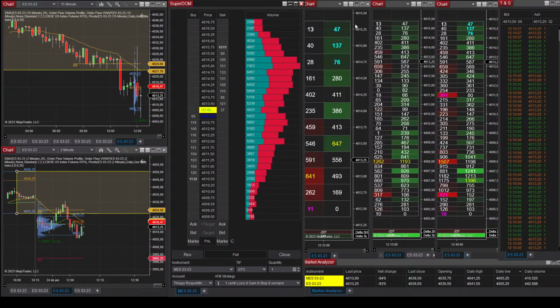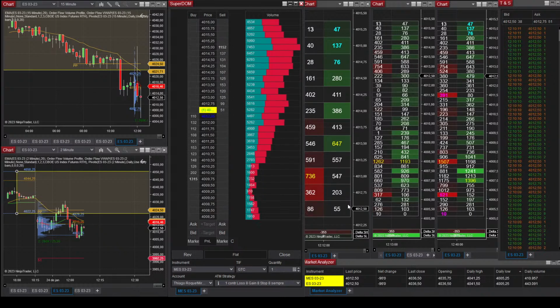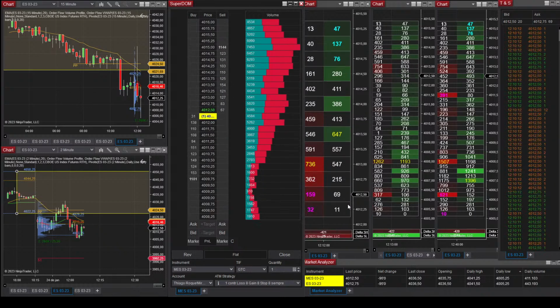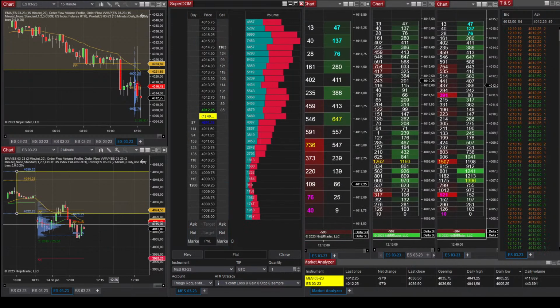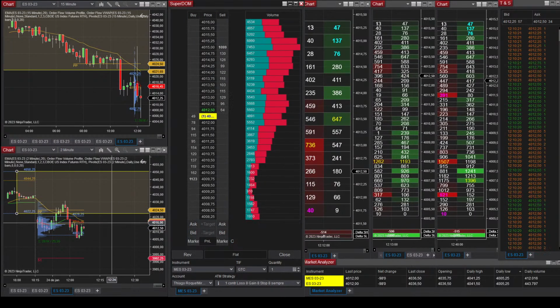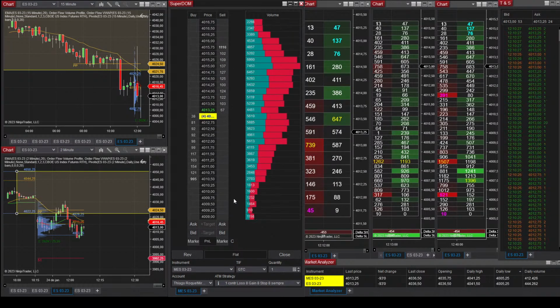It reached the 1525. Let's see. This 1525 is currently the point of control, the session's point of control. That means it is the most traded region, the most traded point.